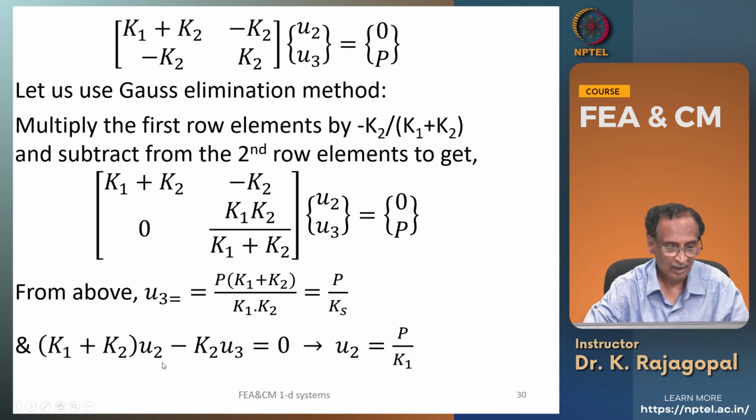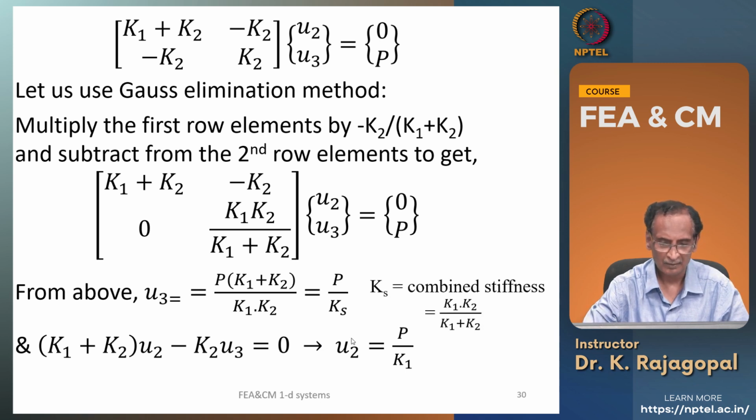Okay. And our K1 plus K2 times U2 minus K2 times U3 is 0. That is, once we get U3, we can get U2 as P by K1. Okay.